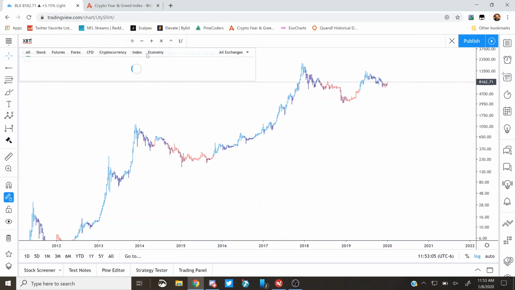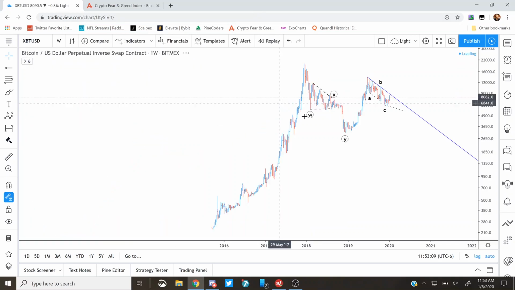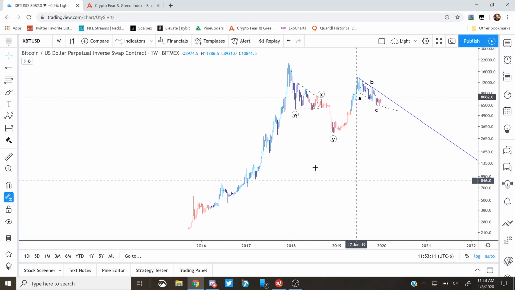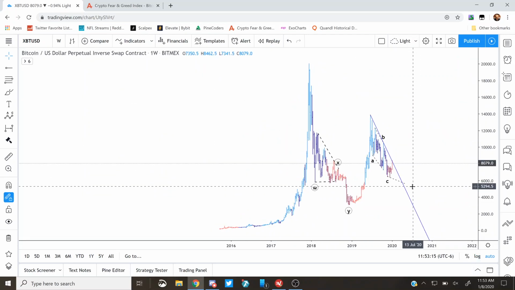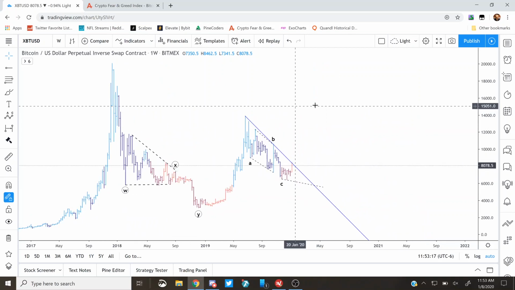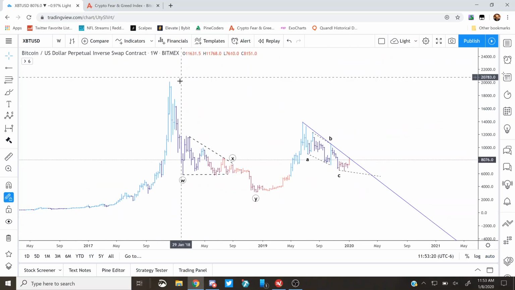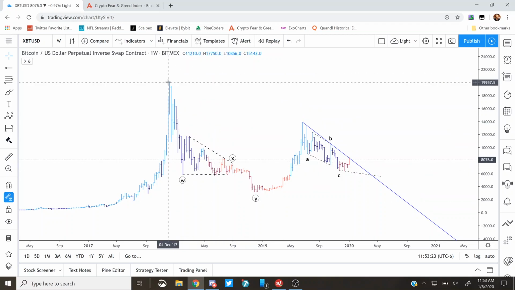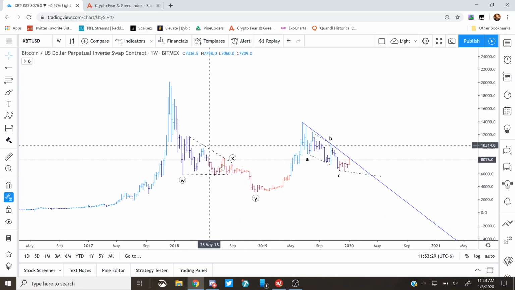All right, so that said, let's flip to the weekly BitMEX. And we've got this three-wave move here. You can see this was an impulsive move within a correction and a correction behind it.